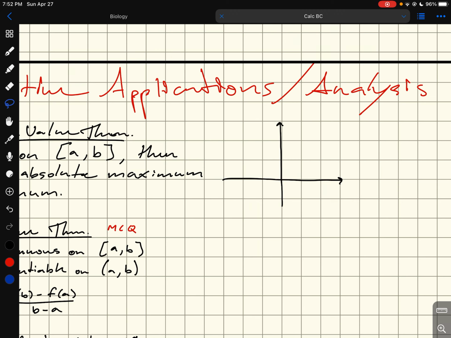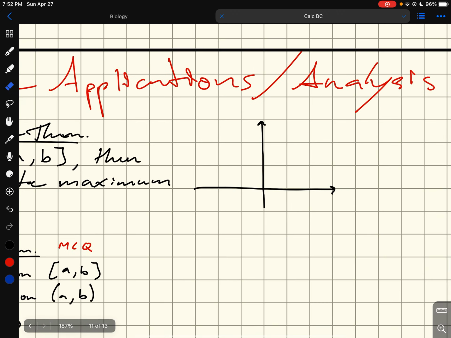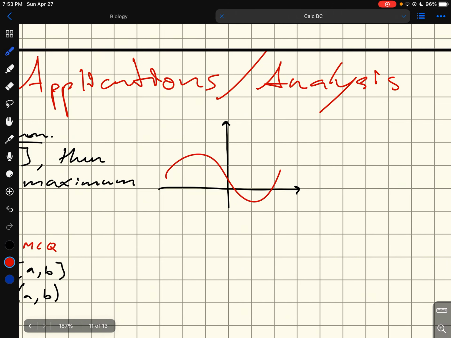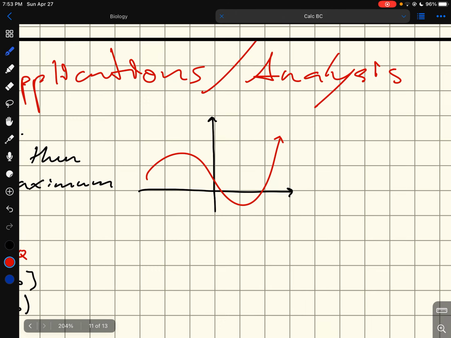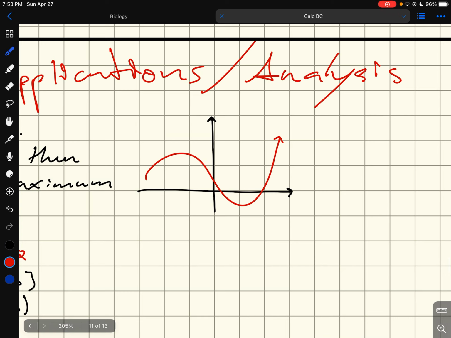Here's a little graph to help you visualize. So let's say our function looks like this. Oh wait, no arrow, because it's a closed interval, right? So this is A, and this is B. So this is our closed interval here.